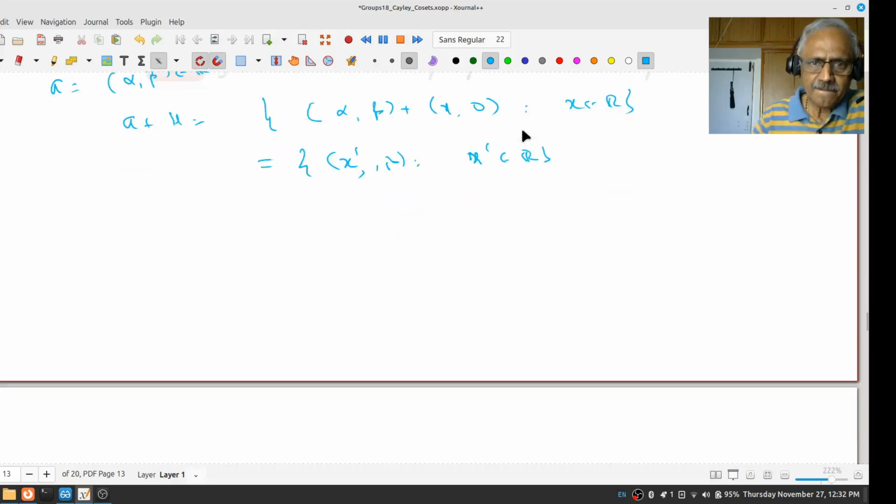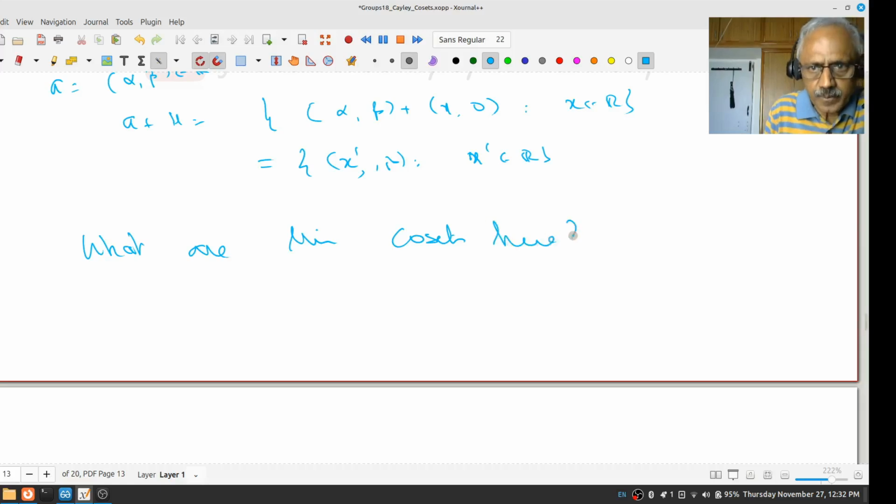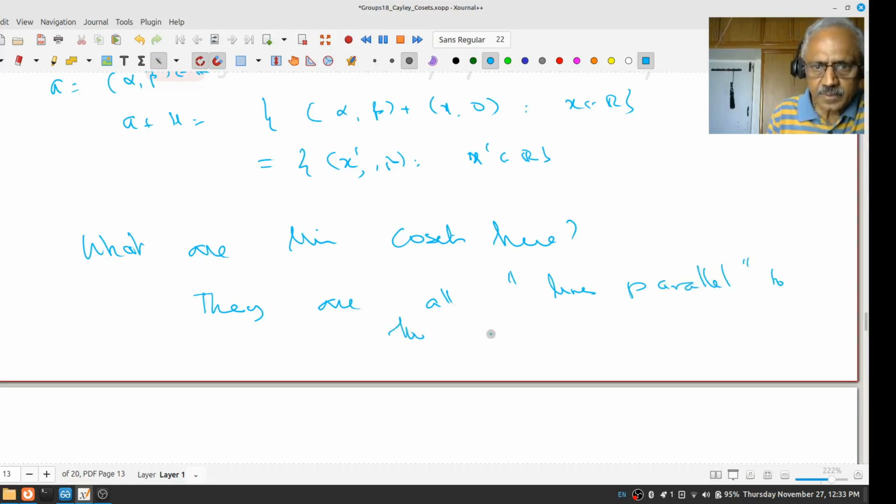So, what are the cosets here? They are all lines parallel to the x-axis.